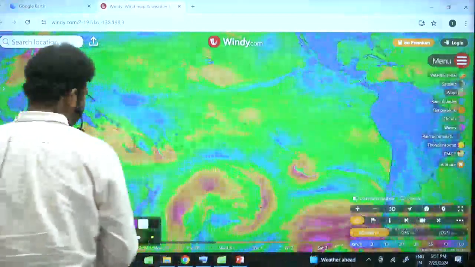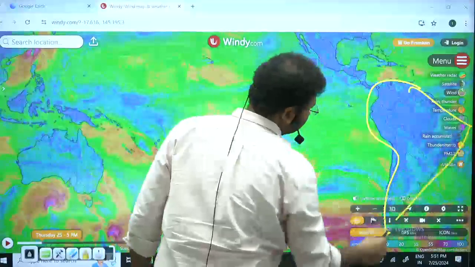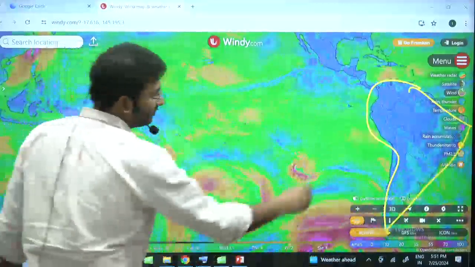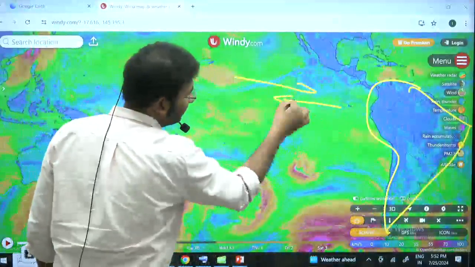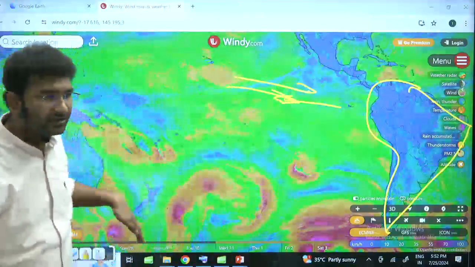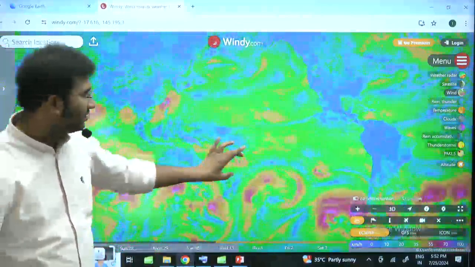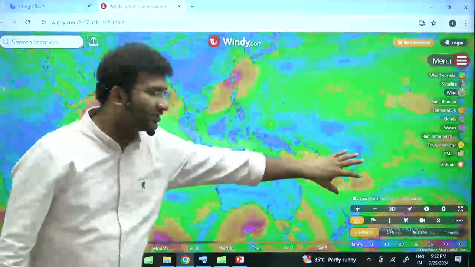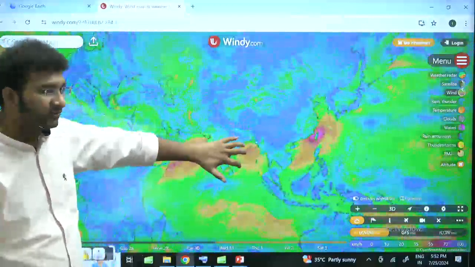Just imagine, this is your South America. So here, instead of winds moving in this direction, just imagine the winds are moving in opposite direction. This entire system will get disturbed. Reversal. Okay? Now if there is some changes present there, it will also impact the Indian Ocean and it will impact the Indian monsoon.